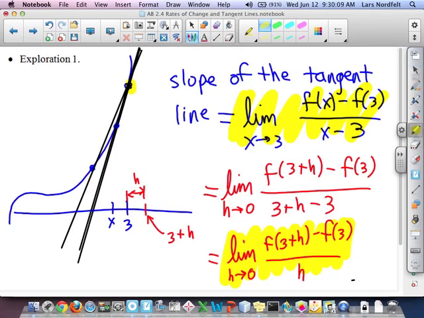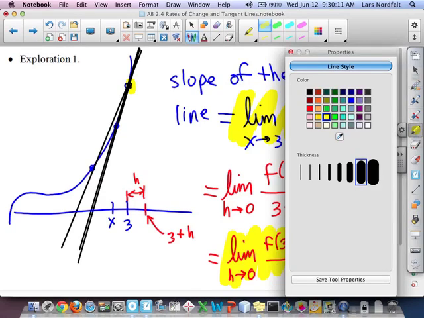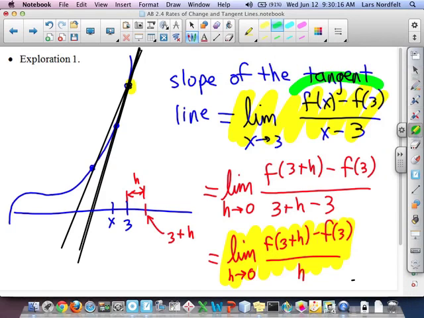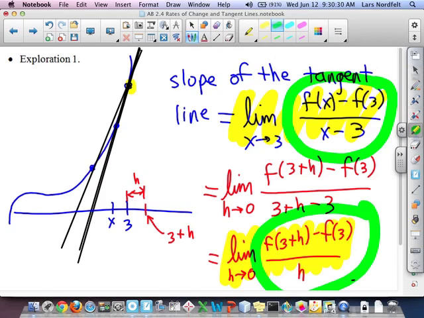So this thing right here is a special value. It's called the difference quotient. It's really the rise over the run. The change in the y values divided by the change in the x values. And this is the same thing. These are both called difference quotients, and they give slope values.